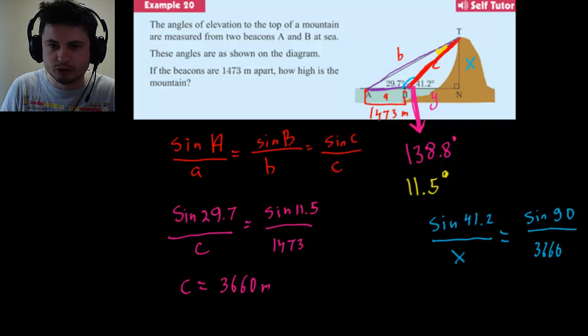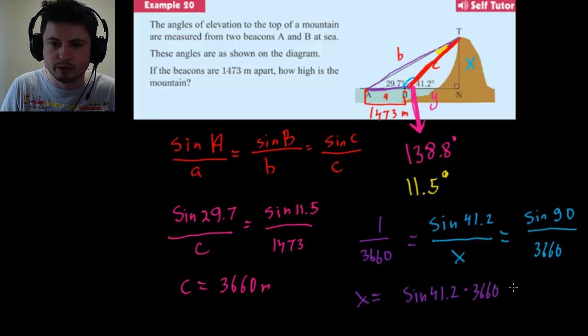So let's solve this. We know this is 1, so we can just replace it with 1. In other words, it equals 1 divided by 3660. And now you're solving for x. x equals sine of 41.2 multiplied by 3660. So that will give you your answer, which will be 2410 meters. This is the final answer.